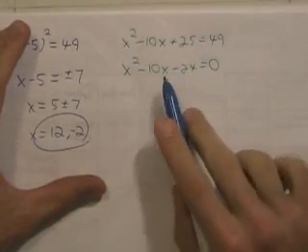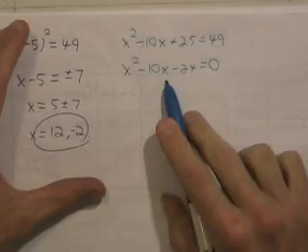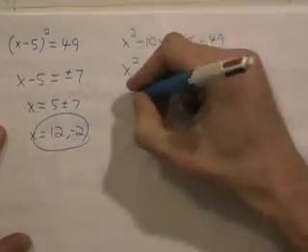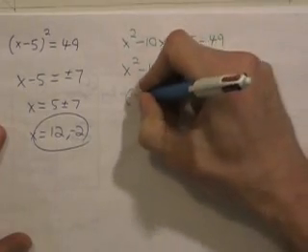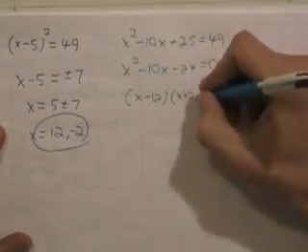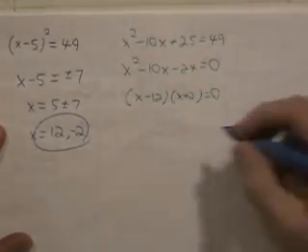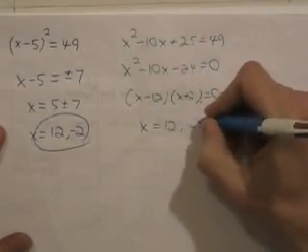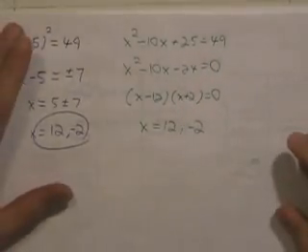And then notice this does factor. Two numbers that add to minus 10 but multiply to minus 24, those are the 12 and 2. So it factors into x minus 12 times x plus 2 equals 0, and therefore you get the same answers, x equals 12 or minus 2.